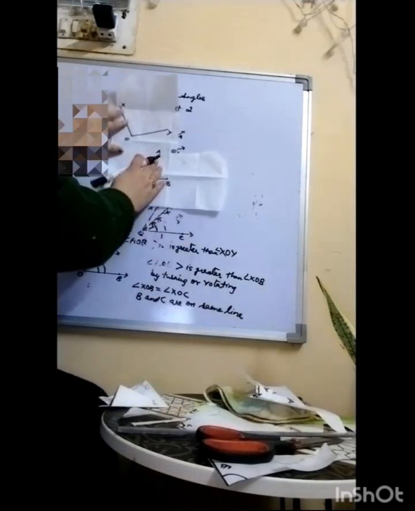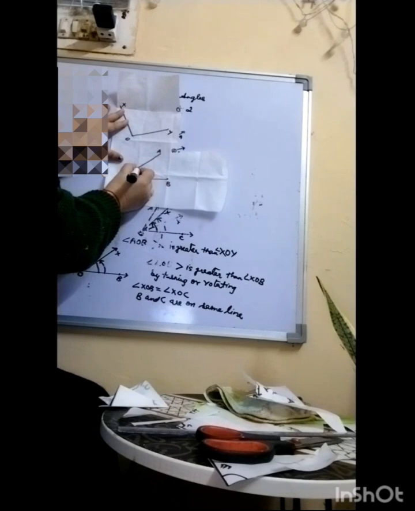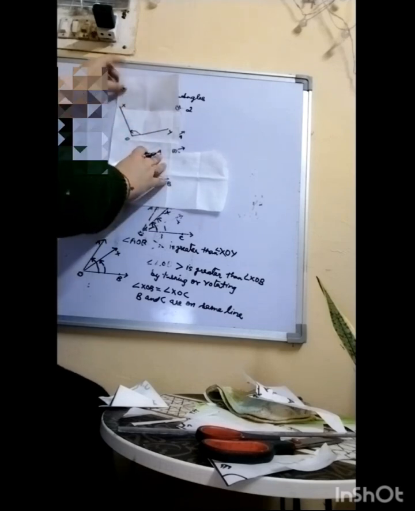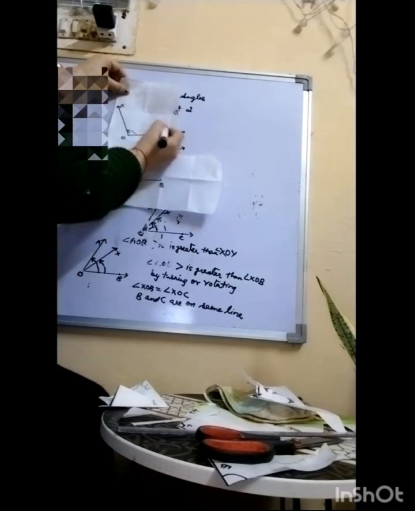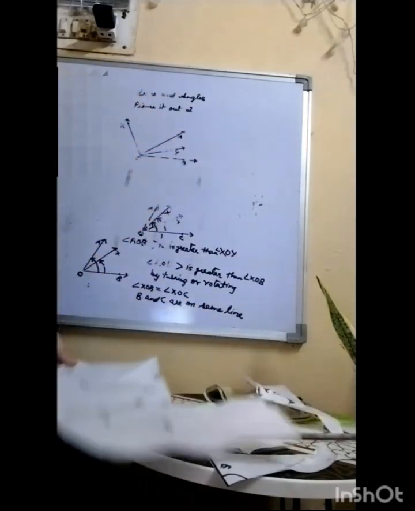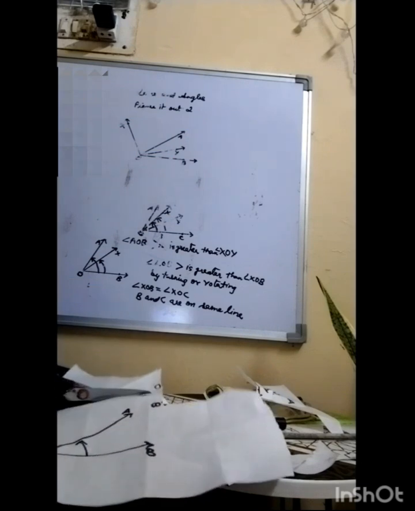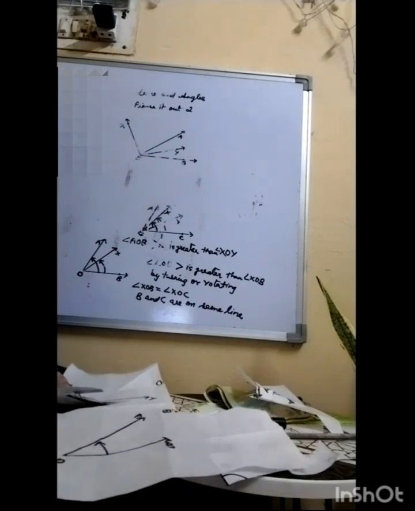So you can see that by turning AOB and pasting it on XOY, you get that XOY is much greater than AOB. So to show it properly, we would cut these angles.